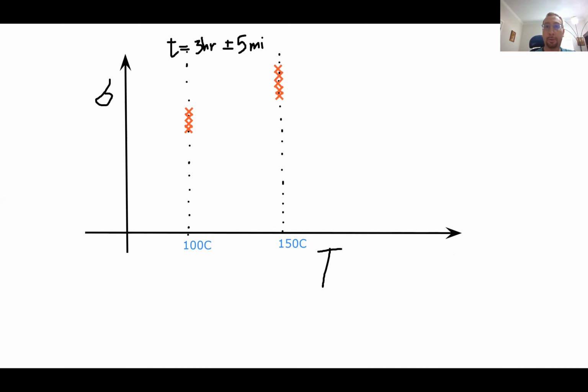Then we go to another case, let's say 200 degrees, and we do the measurements again. And so now we can much more reliably fit a line to all of these measurements and call this our trend.